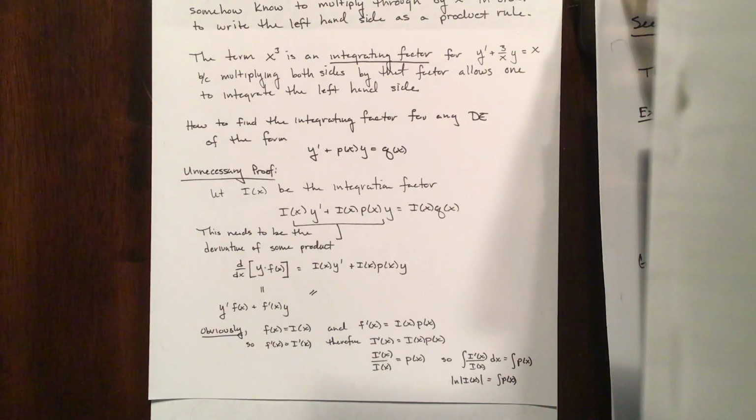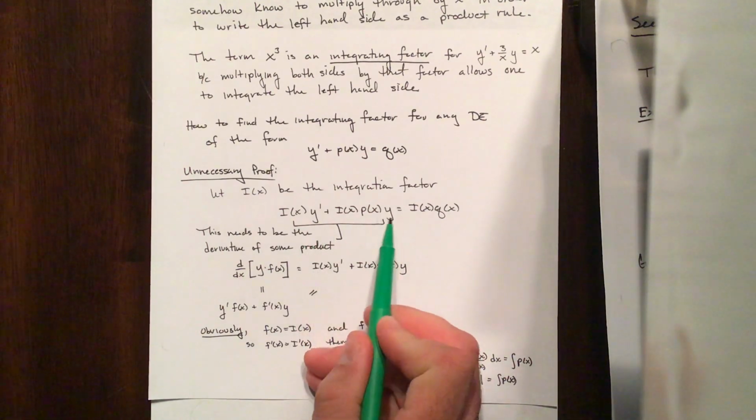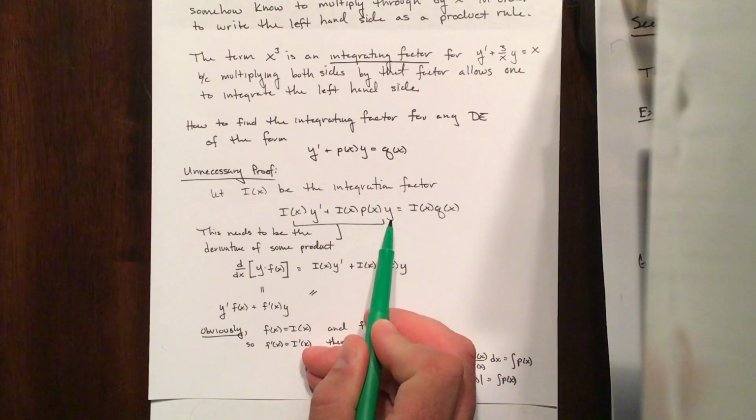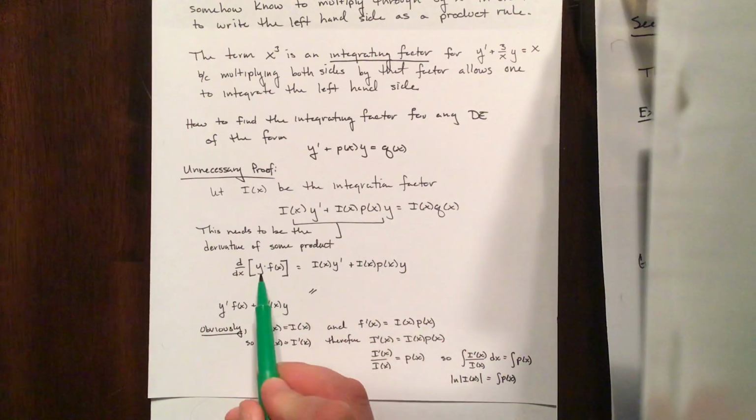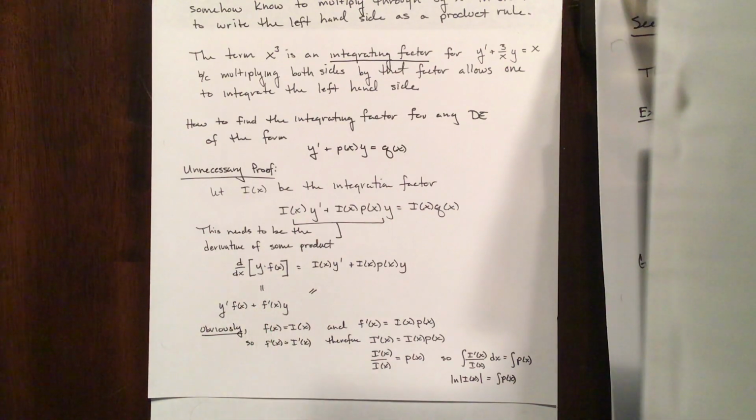What is that product going to be? Well, because you have y and y prime here, one of the elements of the product has to be y. Because remember how the product rule goes. It's the derivative of the first times the second plus the derivative of the second times the first, or vice versa.